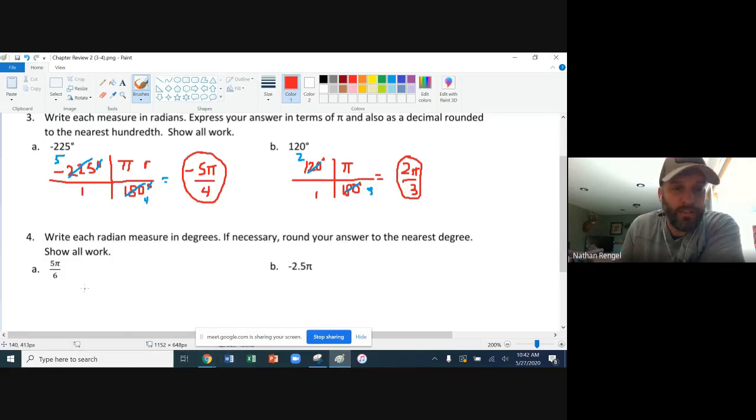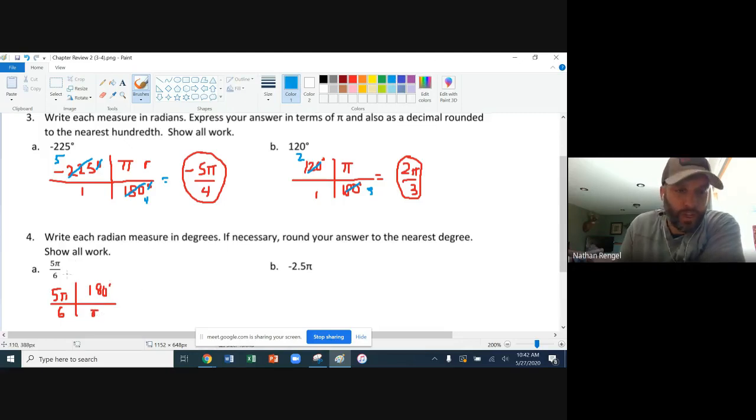So here we're going to have 5 pi over 6. So I'm going to write that as a fraction, as it is. 5 pi over 6. Now I'm considering the numerator to be where my units are, so I'm going to multiply this by 180 degrees over my pi radians.